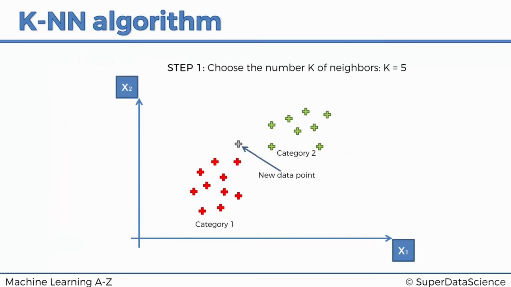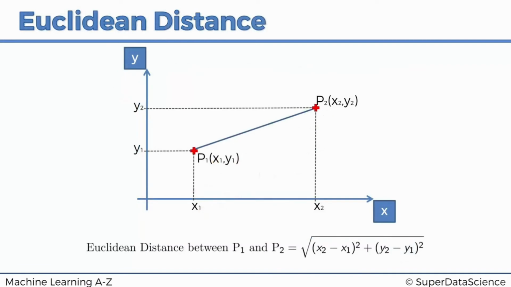So here we've got the new data point added to our scatter plot as we saw previously. How do we find the nearest neighbors of this new data point? Well, let's have a look at the Euclidean distance that we're going to use. Euclidean distance is a very basic type of distance that we define in geometry. It's the one we use in geometry.